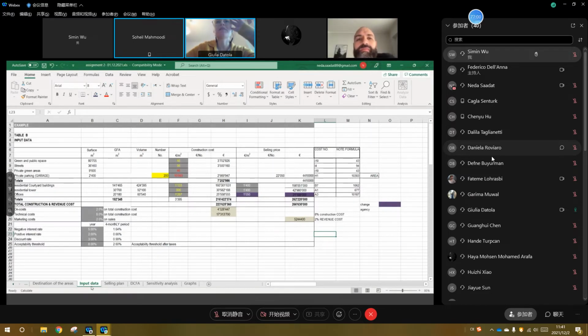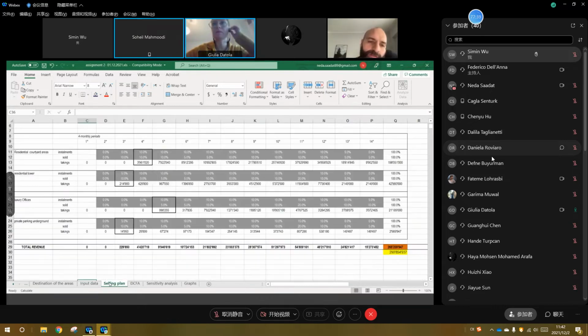I'm checking the selling price for the residential tower and courtyard buildings, and you consider the same selling price for both of these typologies. Yeah, we found these data in Agenzia delle Entrate. The maximum was 1,400.